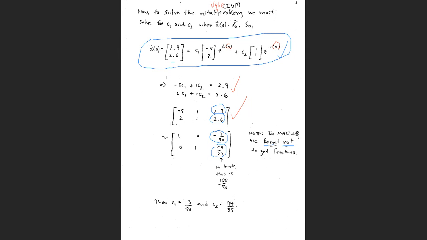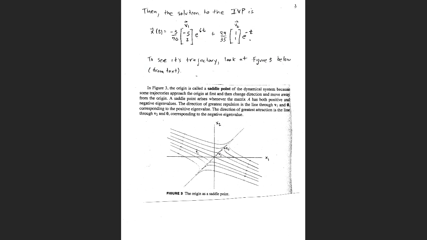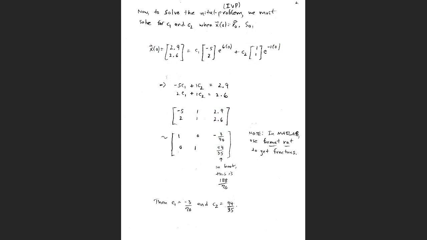So there are different commands. There's format RAT, there's format long, which is used if you want to have a lot of decimal places. All right, so now that we've solved for C1 and C2, well, actually, hold on. Let me go back here.